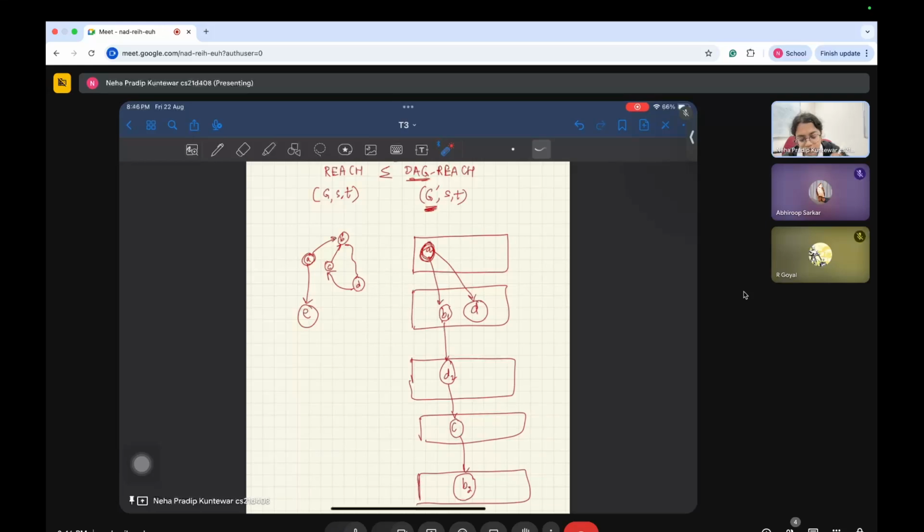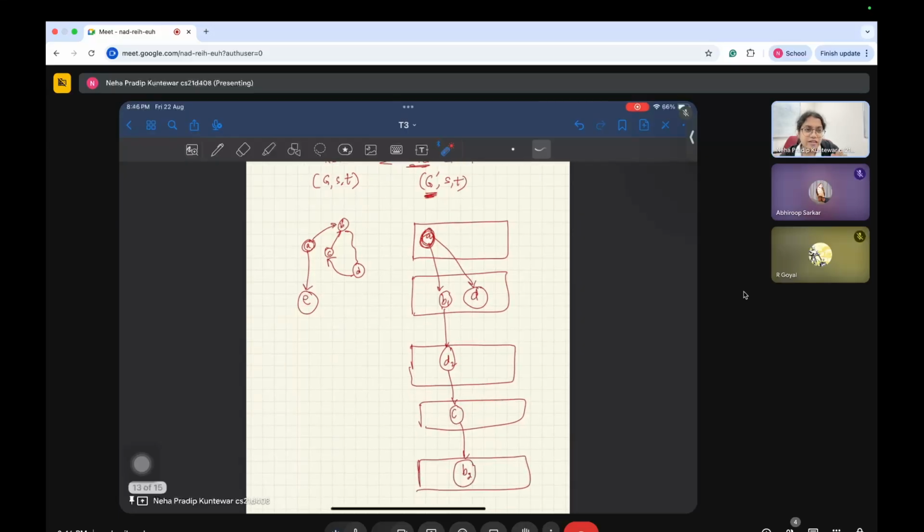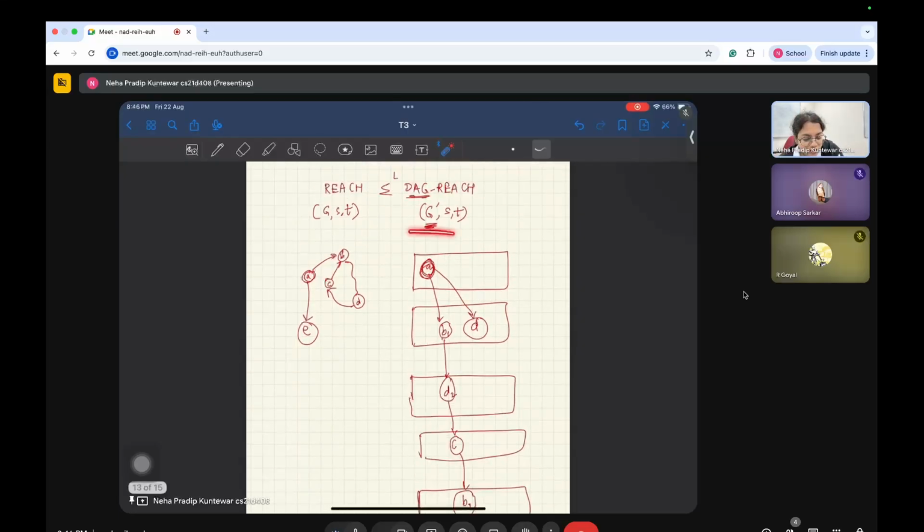What logarithmic space reductions demand is that if I give you an index i, you can imagine this as a binary string, some encoding, this is also a binary string.